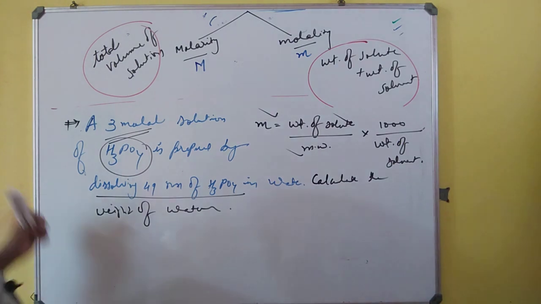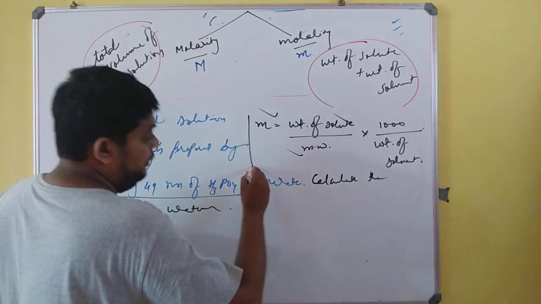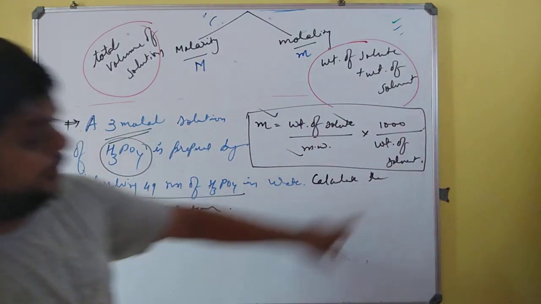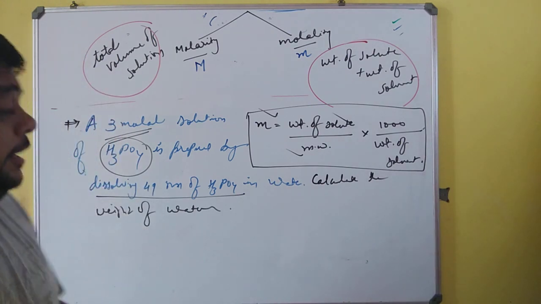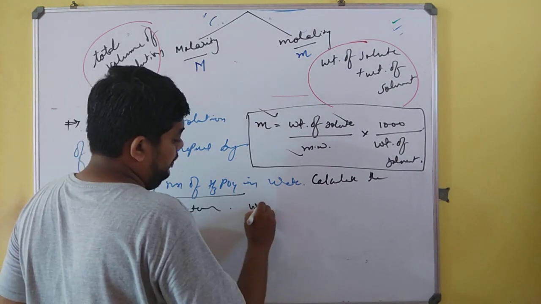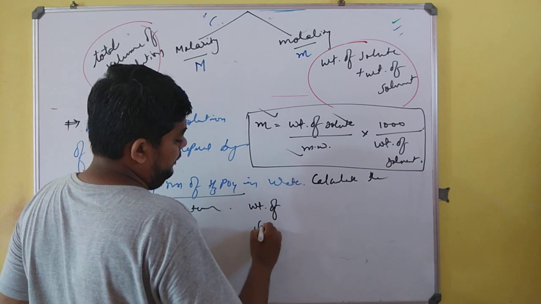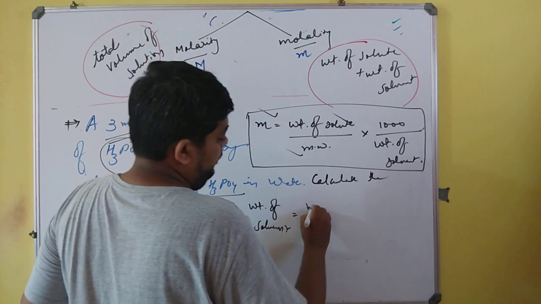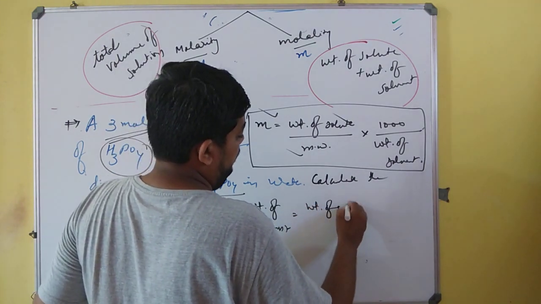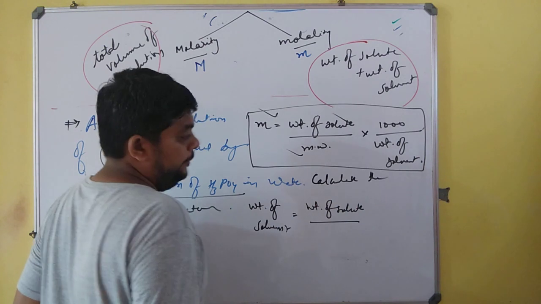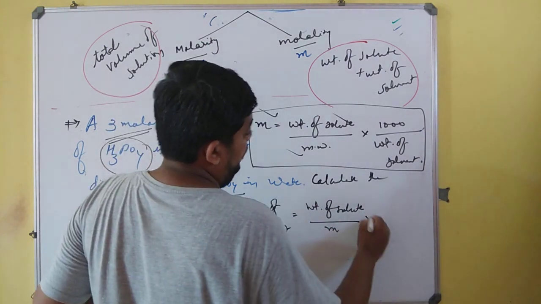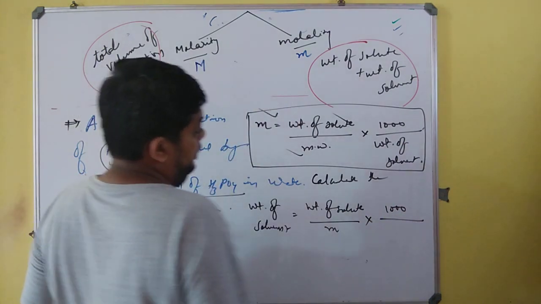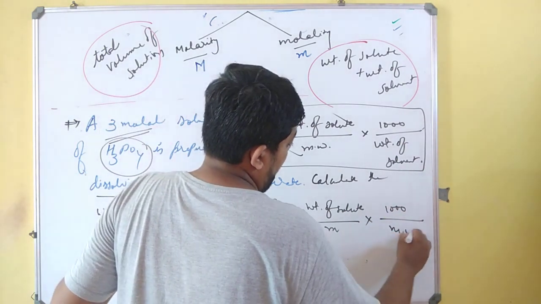In this case, first we will take this rational formula, and from it we will make weight of solvent our subject. Therefore, weight of solvent is equal to weight of solute divided by molality into 1000 divided by molecular weight.